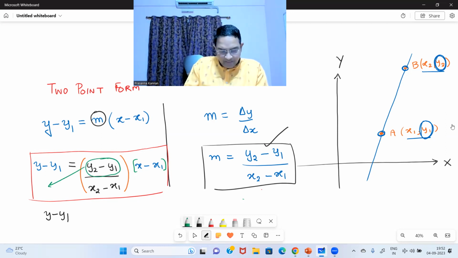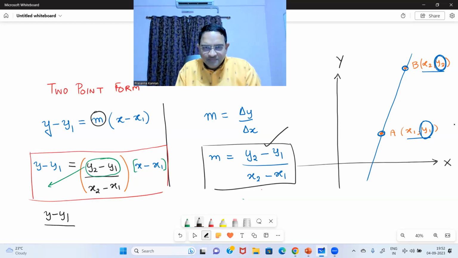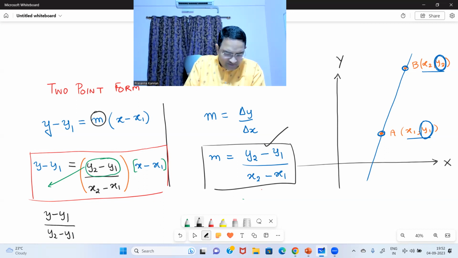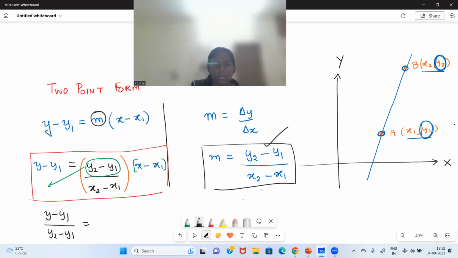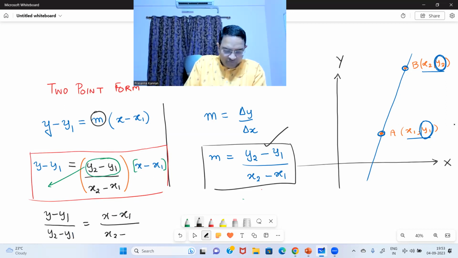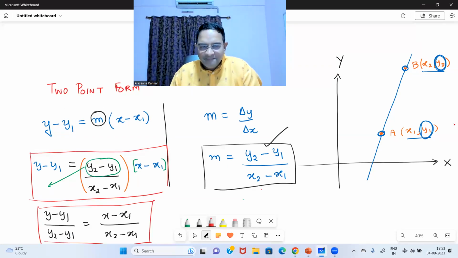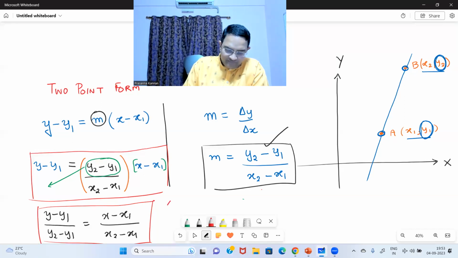So what will you get? y minus y1 by y2 minus y1 equals x minus x1 by x2 minus x1. This is your 2-point form. Are you clear with this, students? This is your 2-point form.